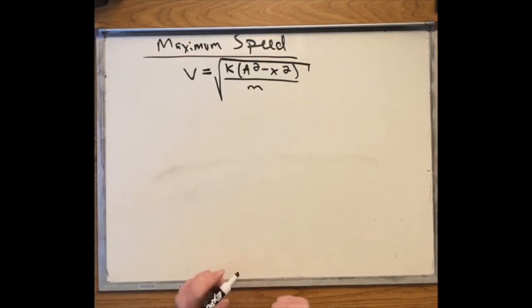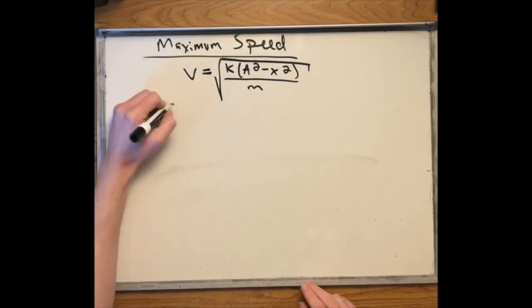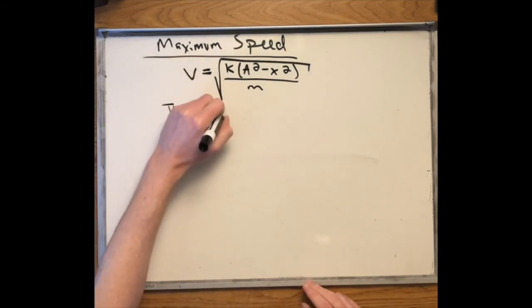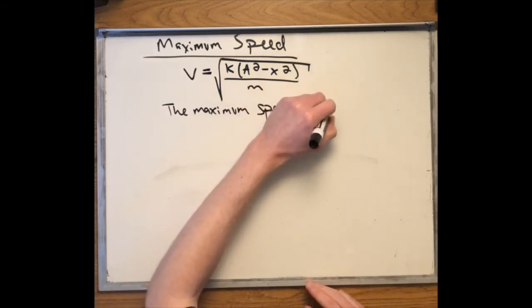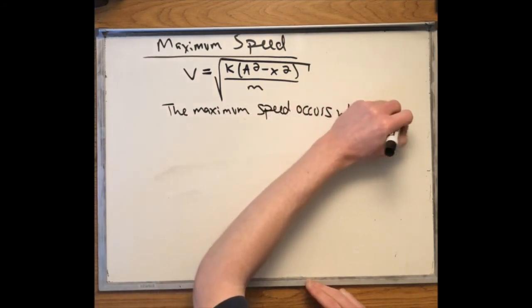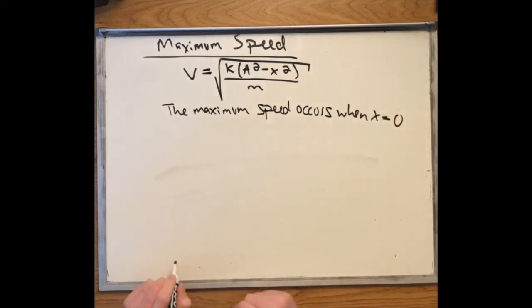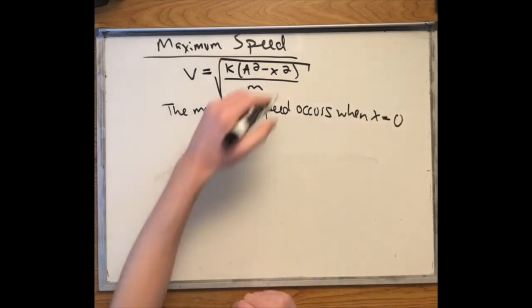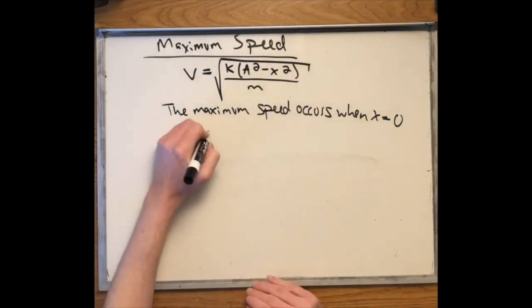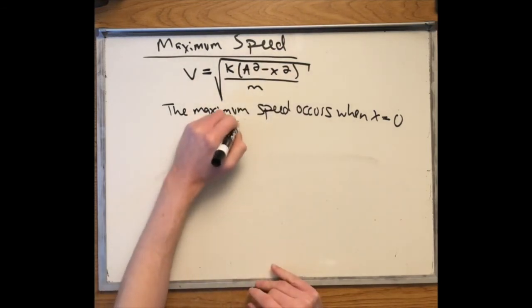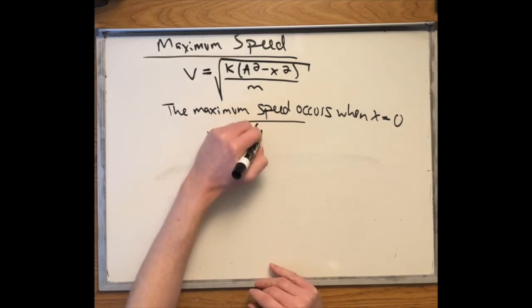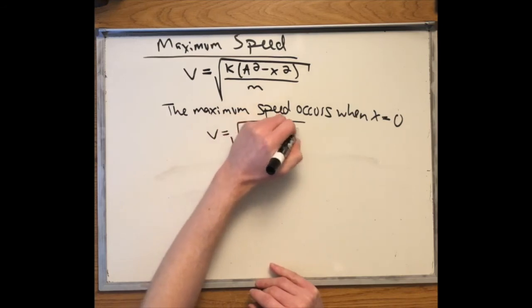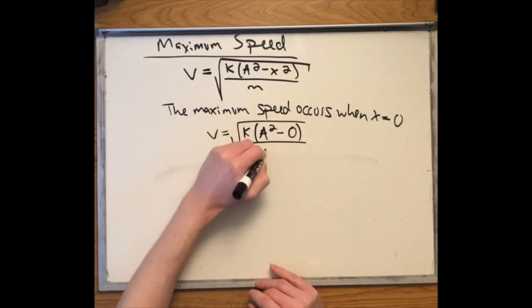So first, we should say the maximum speed occurs when x equals 0. And so when x equals 0, we just have v is equal to the square root of k times a squared minus 0 over m.